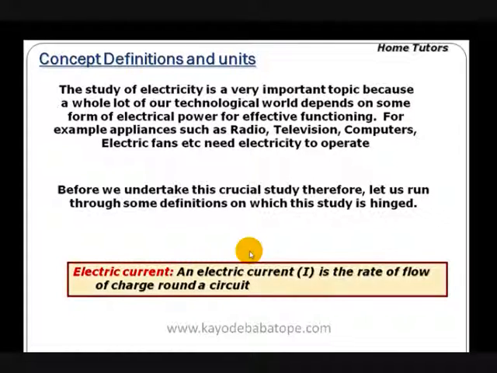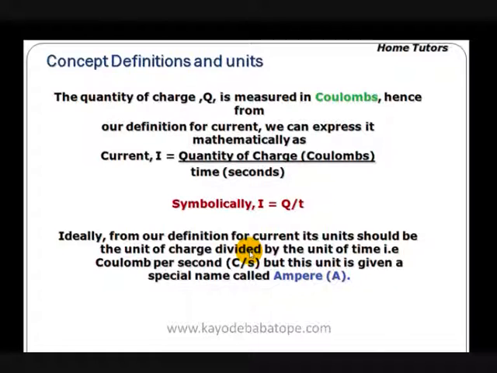Electric current. An electric current I is defined as the rate of flow of charge around a circuit. An electric current, symbolized with the letter I, is the rate of flow of charge around a circuit. The quantity of charge Q is measured in units called coulombs.